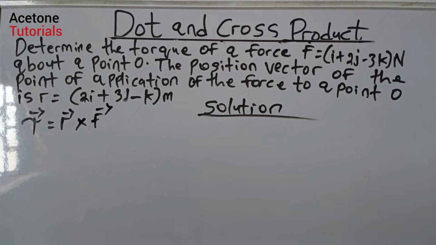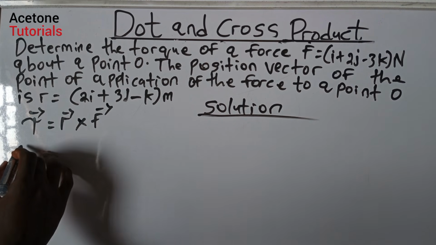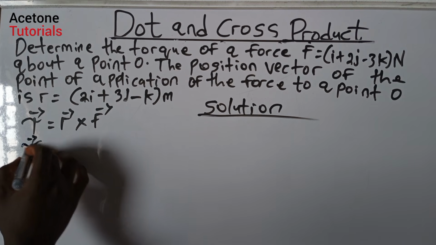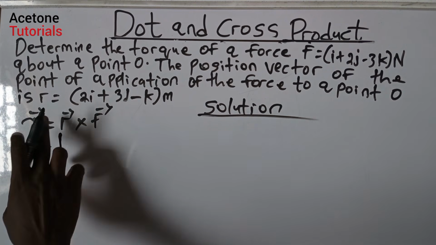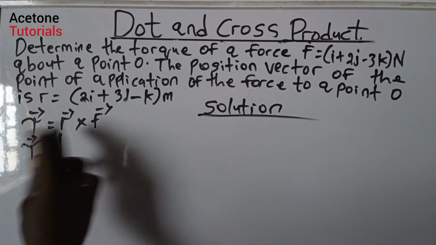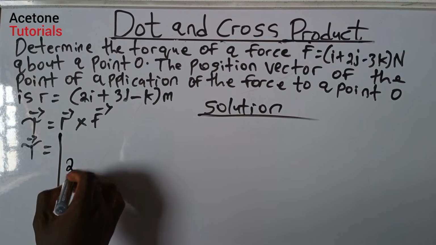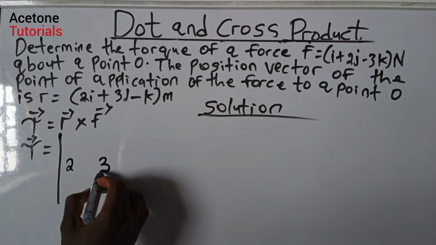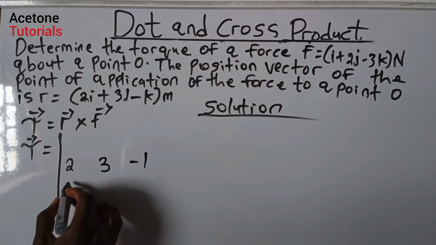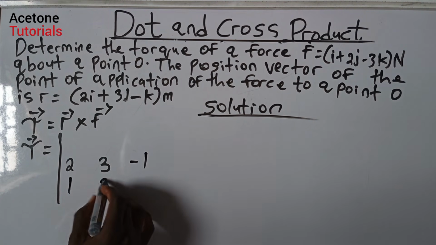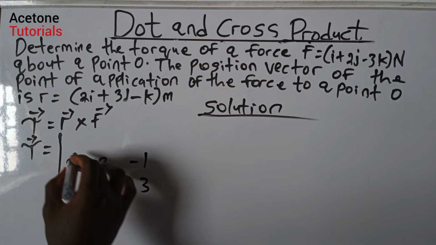So to find the cross product, we can use the matrix method. So the torque is R cross F. R is first. So 2, 3, and minus 1. F is 1, 2, and minus 3.